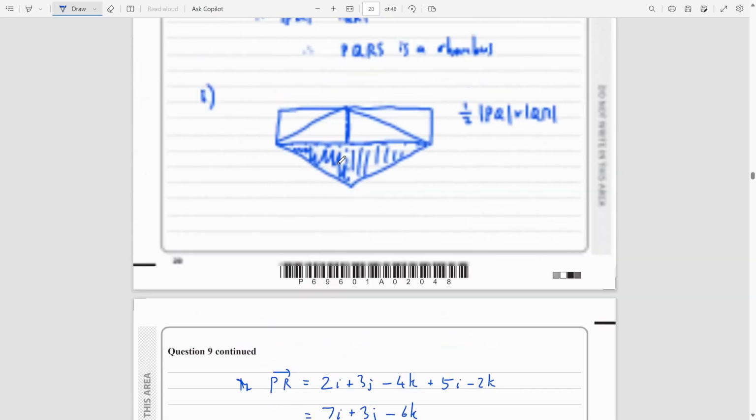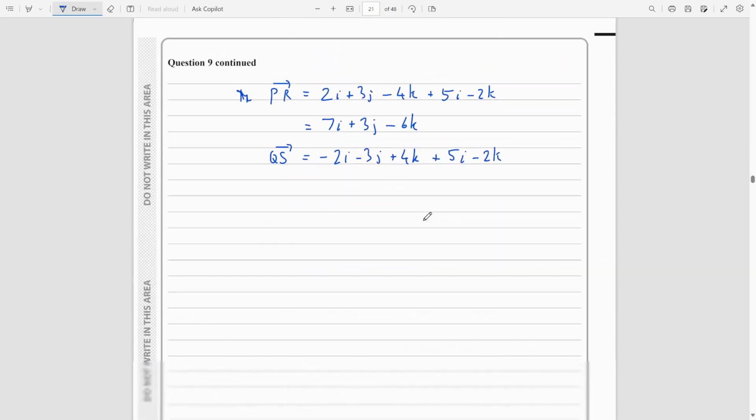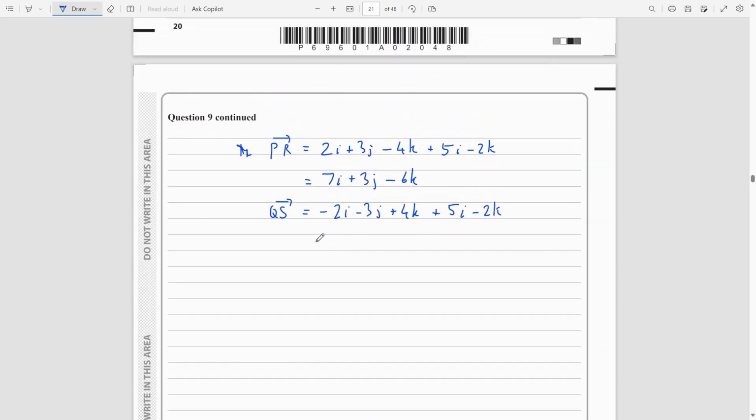So to get from Q to S, that was Q to P, which was minus PQ, and then plus PS, which was the same as QR. Simplify this, and we get minus 3i minus 3j plus 2k.